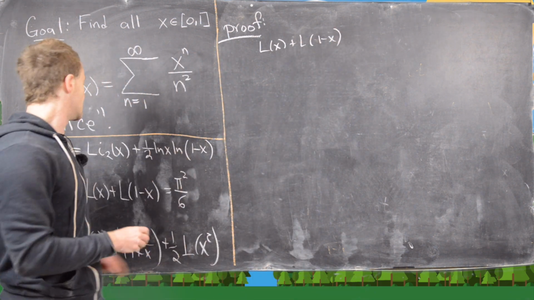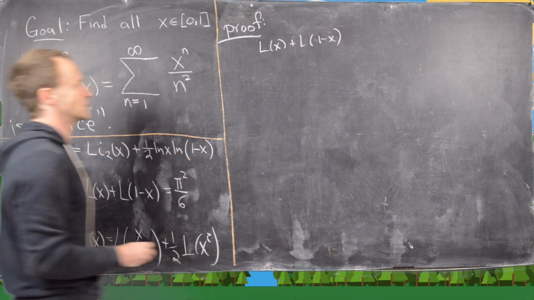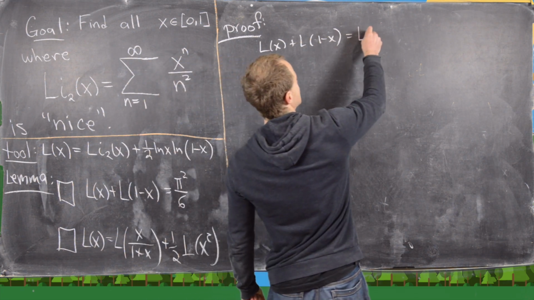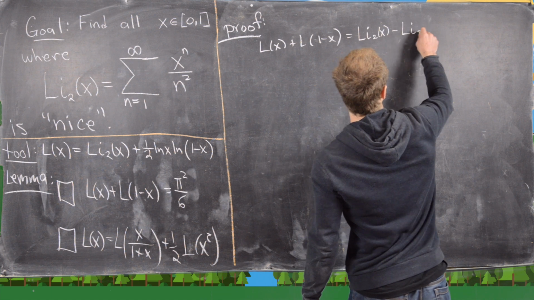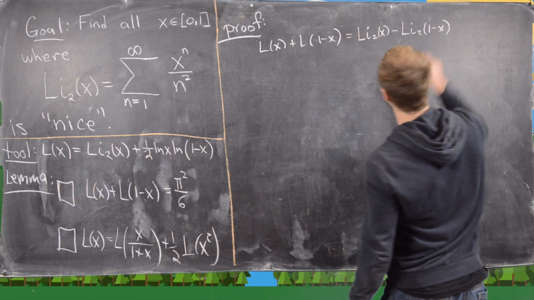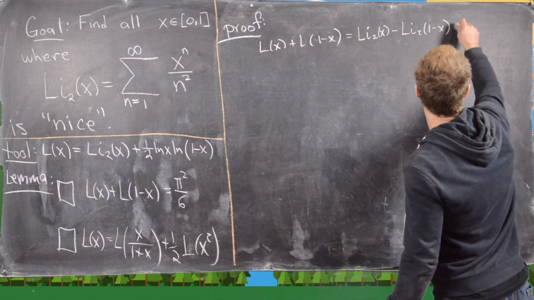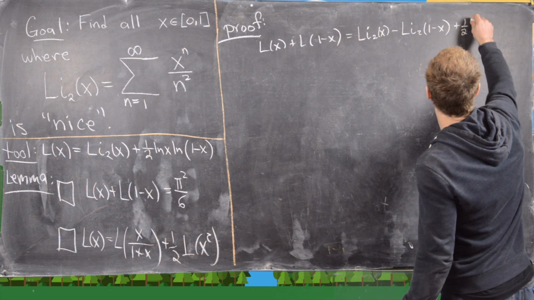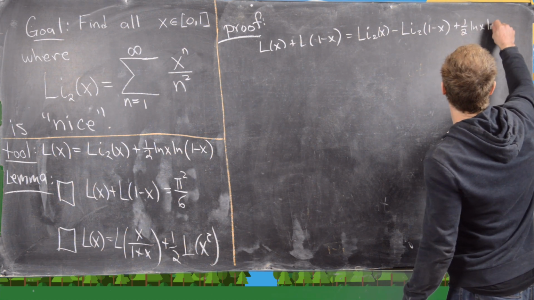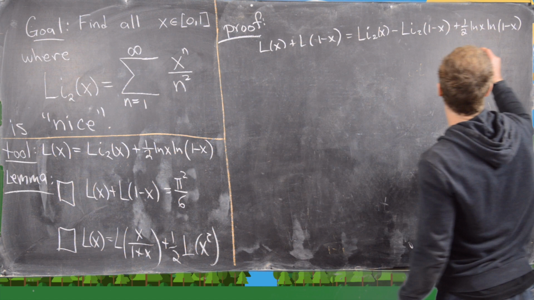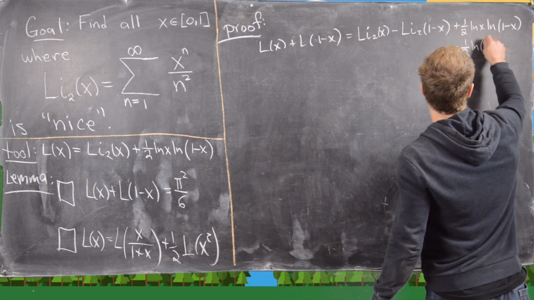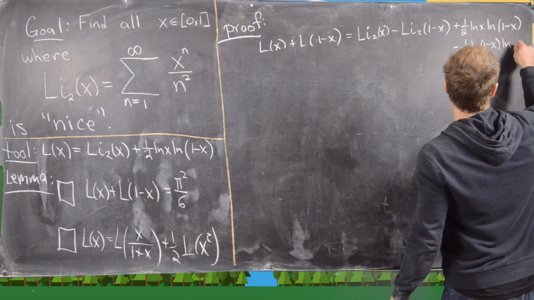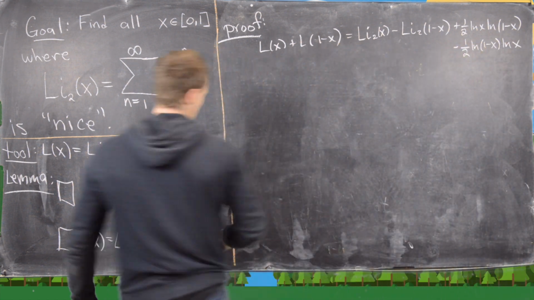Substituting in for this L function, that's going to give us this dilogarithm evaluated at x minus this dilogarithm evaluated at 1 minus x, and then plus 1/2 the natural log of x times the natural log of 1 minus x, and then minus 1/2 the natural log of 1 minus x times the natural log of x.